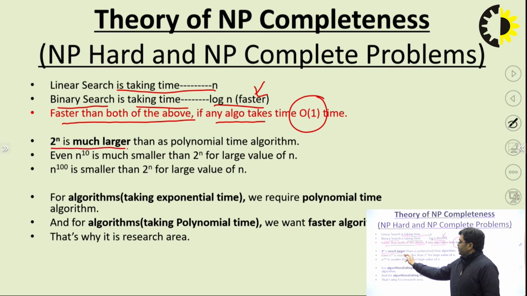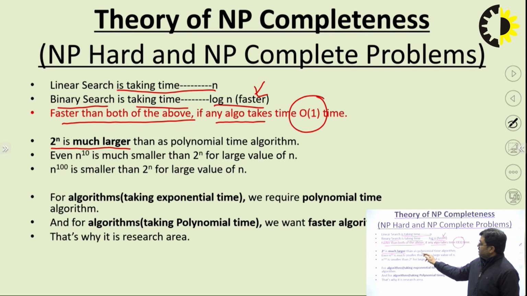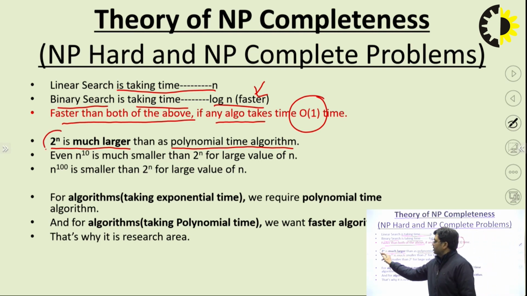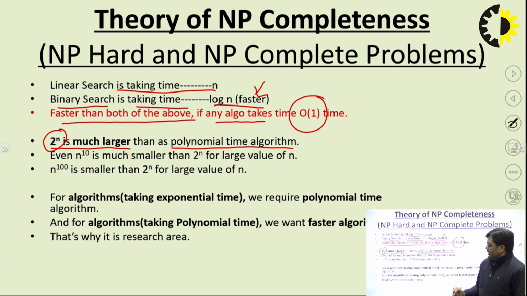Then 2 raised to power n is much larger than polynomial time algorithms, as we have seen with the type 2 algorithms which take 2 raised to power n time. So 2 raised to power n is much larger than any polynomial time algorithm.